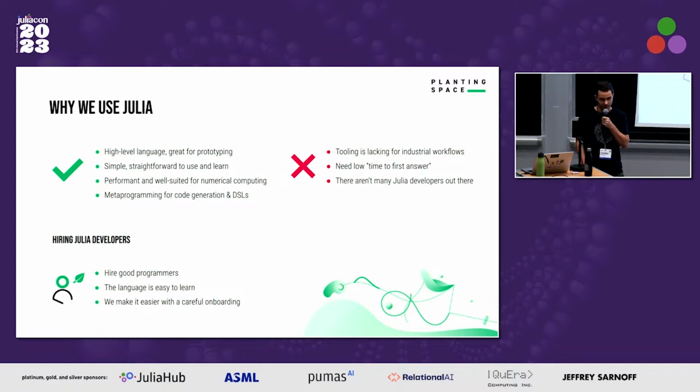There's also the performance aspect, of course. With Julia, we know we can get performance when we need it and achieve as much performance as we need. And also, it's very well suited for numerical computing, and we do a lot of numerical computing on the types of logic that we design. One other thing is that we do tend to generate code a lot because we generate an actual function.